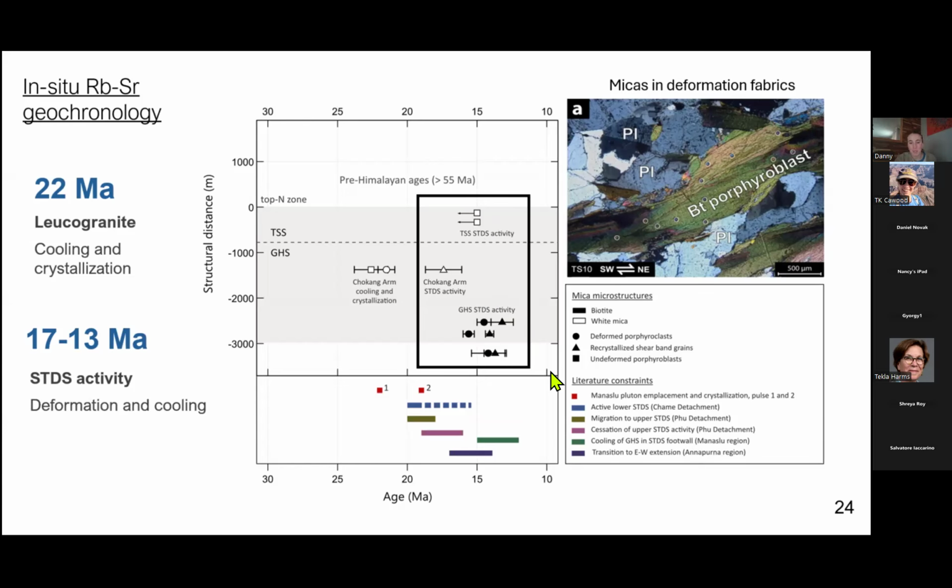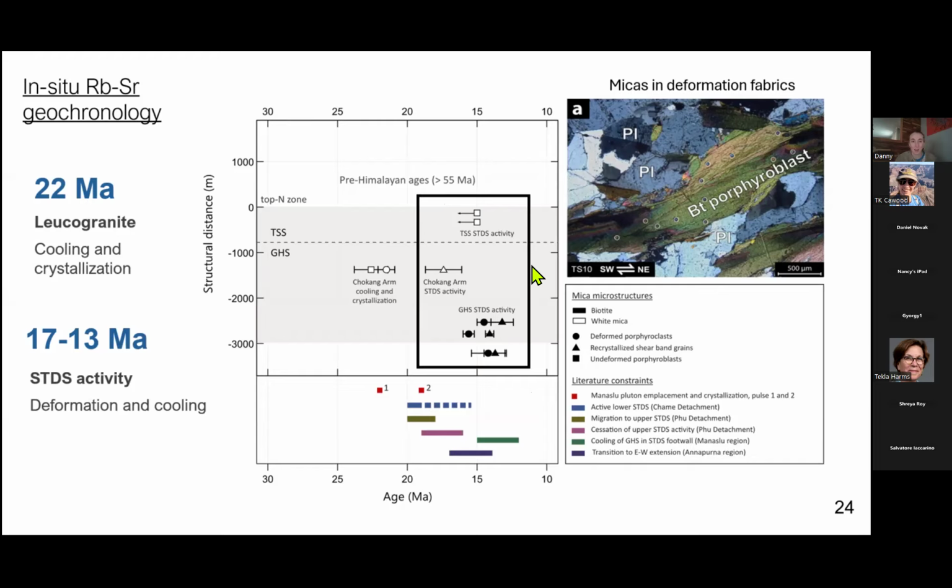So what this means is that unfortunately the resolution that we obtain from rubidium strontium geochronology here doesn't give us the capacity to resolve the relative timing of the different deformation processes within the shear zone. But it's still interesting because, as I mentioned earlier, historically the South Tibetan detachment system has just been dated indirectly.